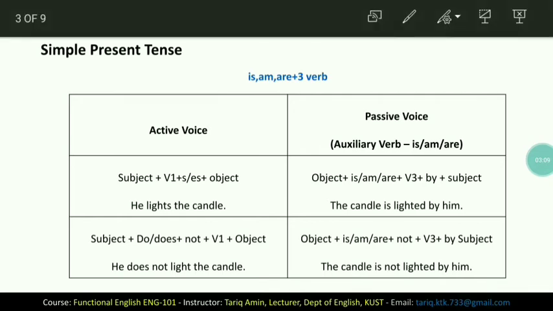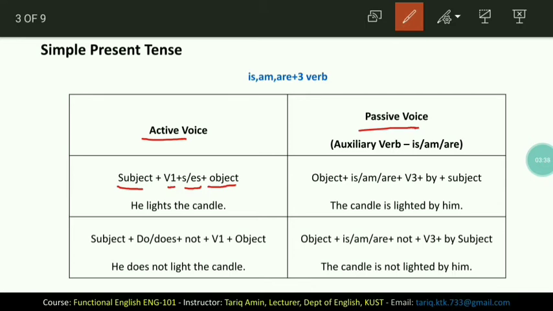The very first example: these are sentences in the active voice, simple present tense, and these examples are in the passive voice. Let's discuss this structure. This is subject, this is verb. After that, we put s or es, and after that, we put object in simple present tense.